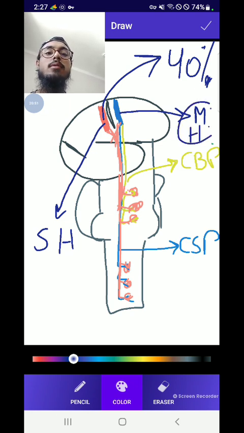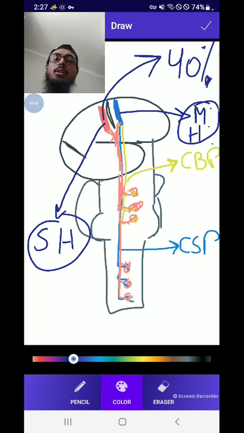In the previous video I also explained the motor homunculus in the primary motor cortex explanation. In this video I explained the primary somatosensory area, so I explained the sensory homunculus.